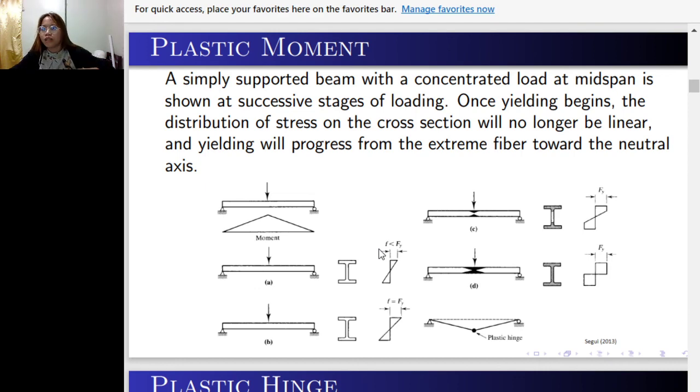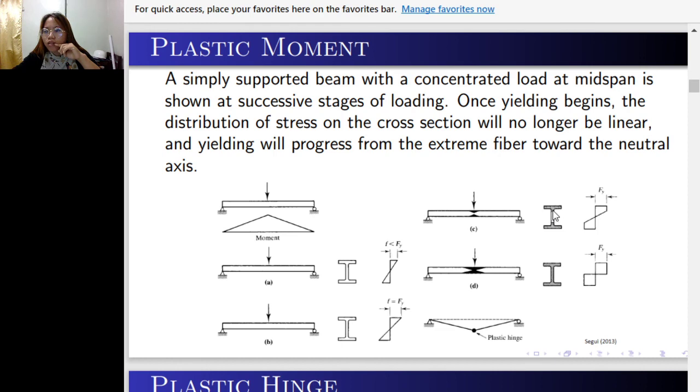Then as loading progresses, so there comes a point nga your bending stress will be equal to the yield stress. So still linear gyapon siya. But after that, kung beyond na siya sa yield stress or yield point, dili na siya linear as kani inyo makita diri, no?